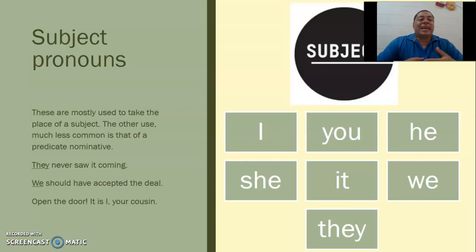It's a predicate nominative. Remember predicate nominatives? And what does the predicate nominative do? Exactly. A predicate nominative renames the subject. Yes?